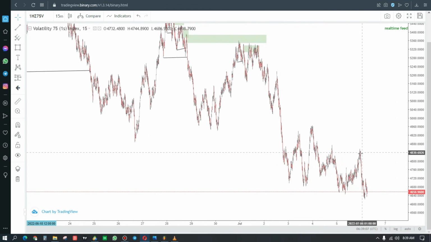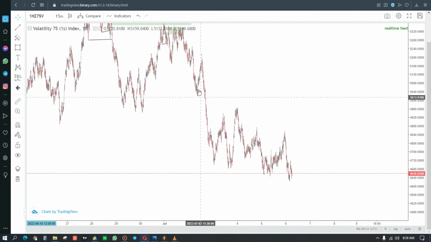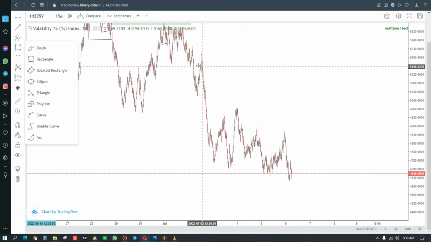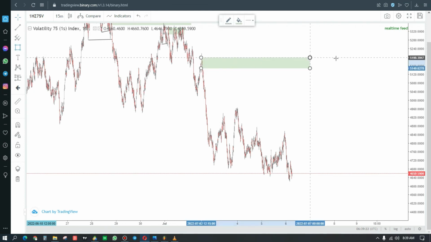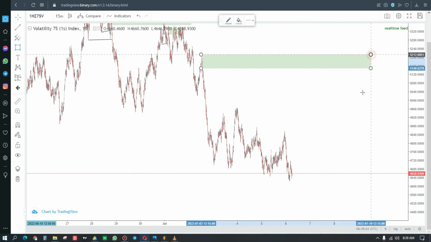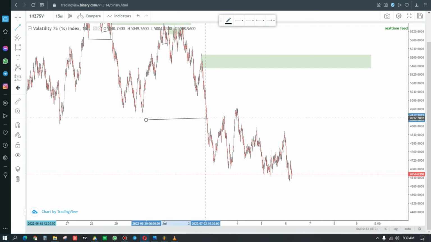Maybe I'm going to be bullish when this high gets taken out and this high gets taken out, and then you're going to be looking maybe to fill this imbalance, maybe for price to come back to these supply zones, which is going to take a long time. I don't know, it can take a short time, it can take a long time, but anyway, I'm not here to predict the market. I just anticipate what the market is going to do.